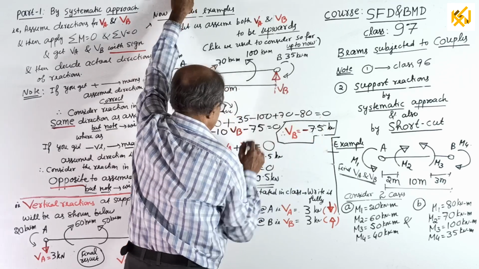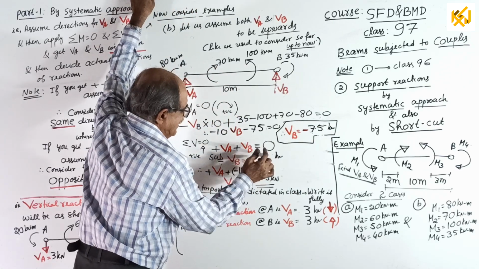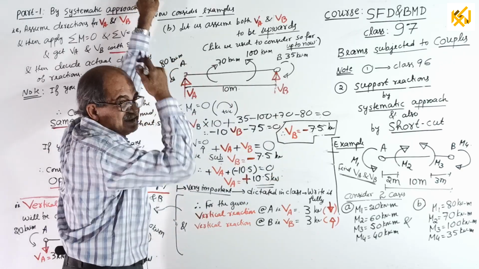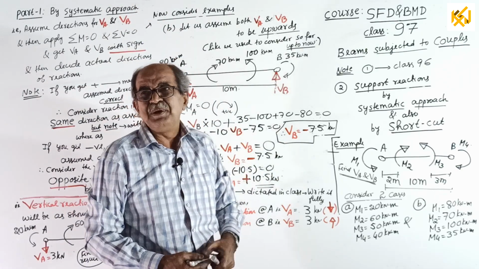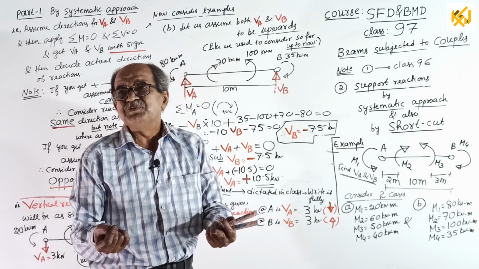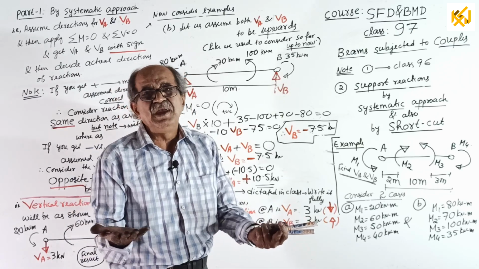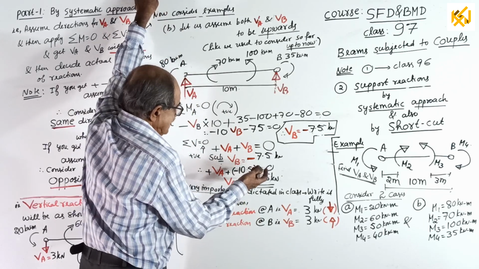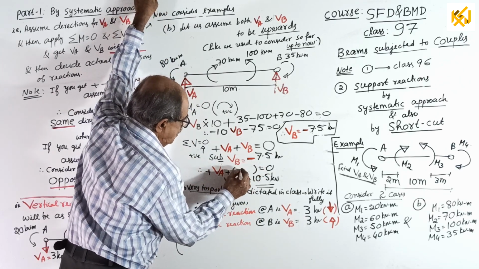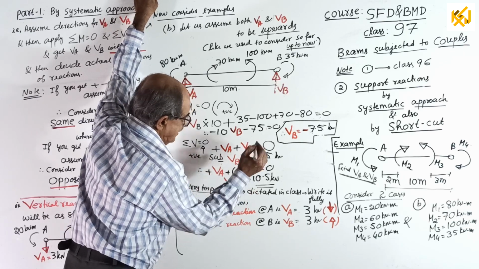Okay. Then here, substitute minus 7.5. Suddenly I got doubt. Sometimes it happens. If you solve a too complicated problem, it is fine, but in simple ones, sometimes some small mistake happens. It is not a big issue. People will tell, sir, no problem, sir. Then substitute VA equal to minus 7.5 kilonewton.